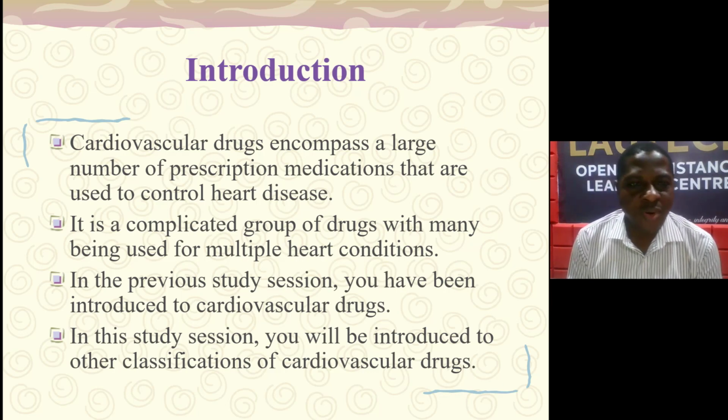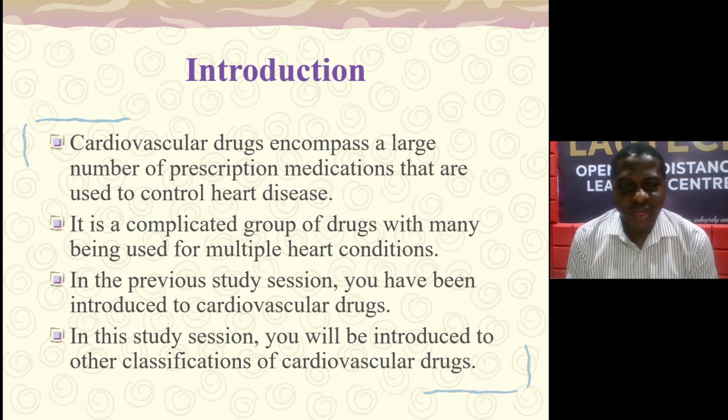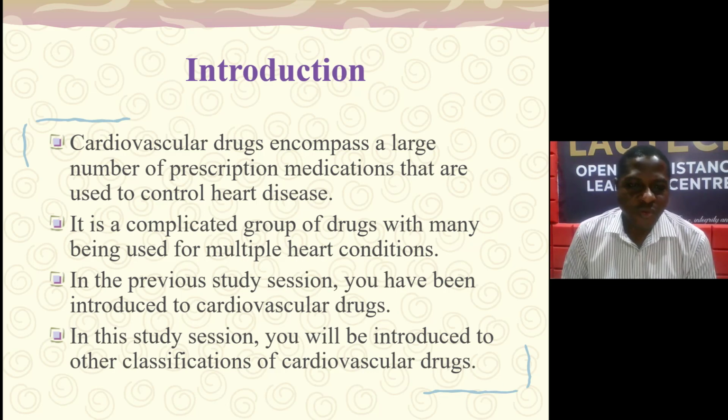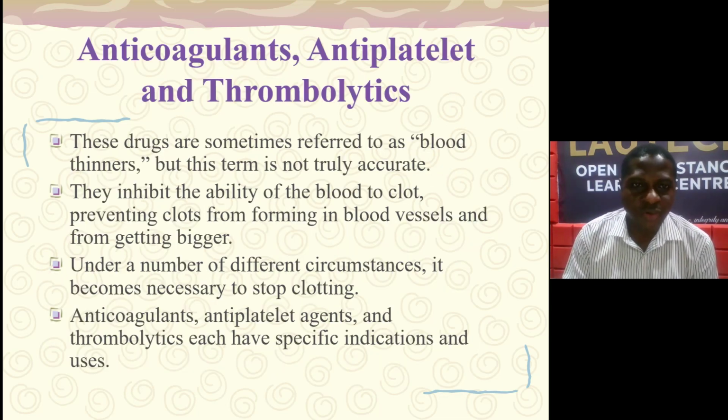And you all agree with me that most of the drugs under consideration are a group of drugs that are so complicated, used for multiple heart conditions. In the previous study section, you were introduced to cardiovascular drugs. In this study section, you will be introduced to other classifications of cardiovascular drugs.